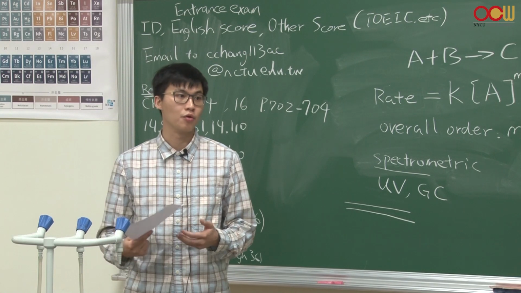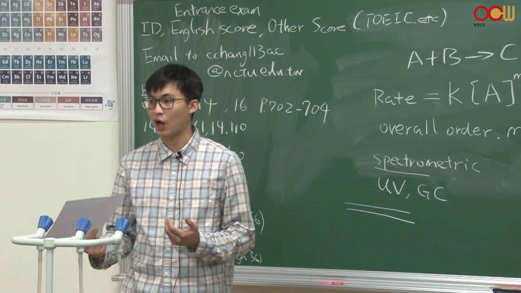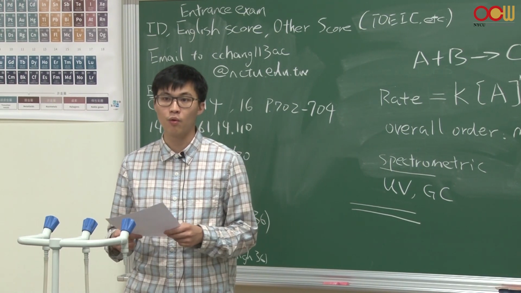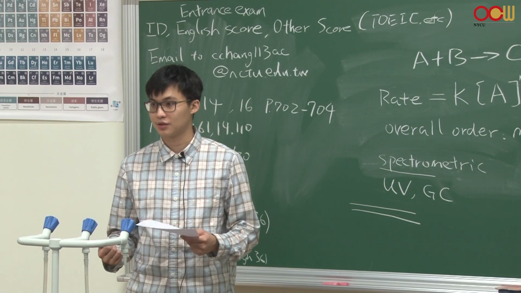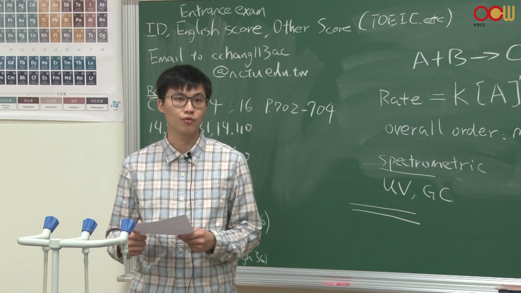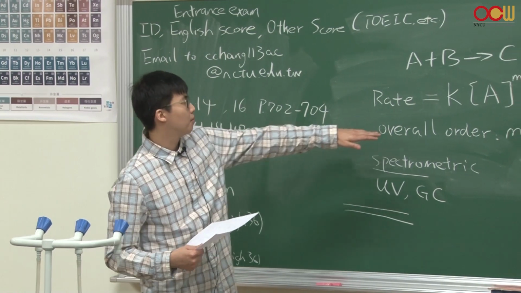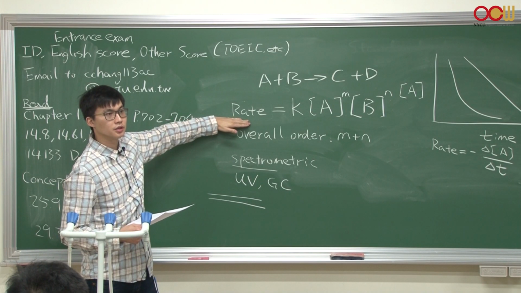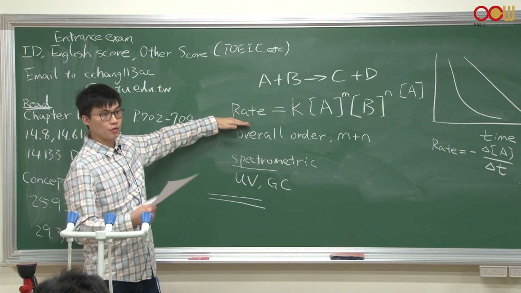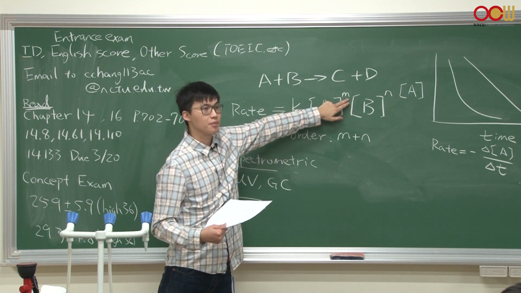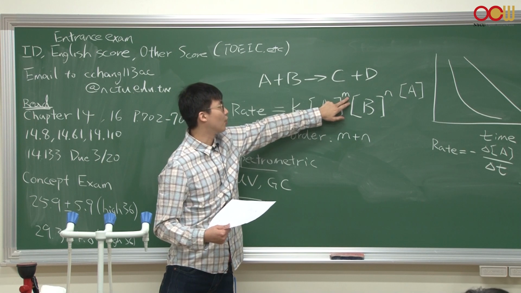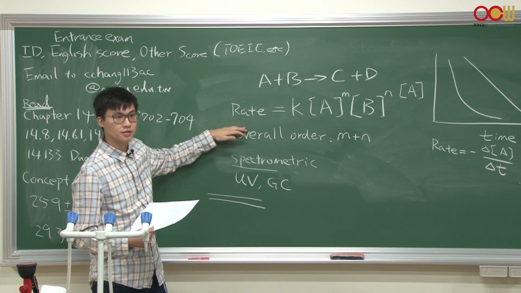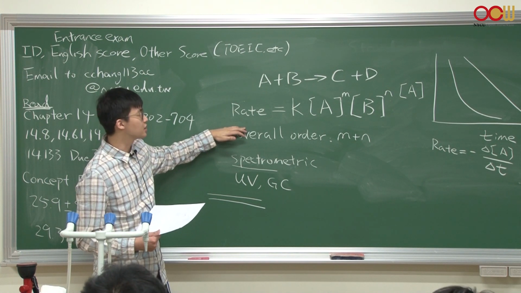And to make your life easier, a lot of these problems in the book or on my test will use very simple numbers. You just have to look at when my concentration doubles, does the reaction rate double? Does the reaction rate triple? That will tell you the dependence of the reaction rate on your concentration. Does that make sense? A lot of times we'll use a very simple method.